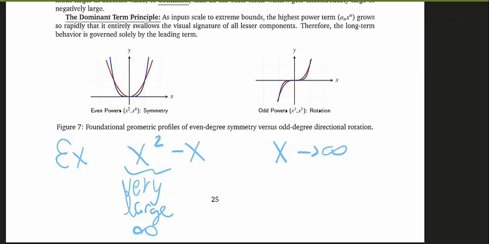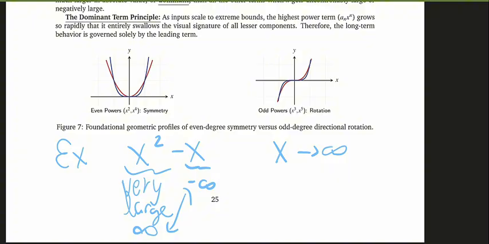If I take a trillion, it's going to grow even larger. It's going to be even more humongous. On the other hand, what I have here is negative x. So I want to subtract something humongous. On the one hand, we have infinity, and here I have minus infinity. I'm subtracting from this. So it seems like there is a tug-of-war going on here, a war between these two contradicting building blocks.